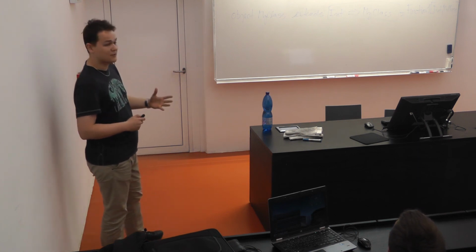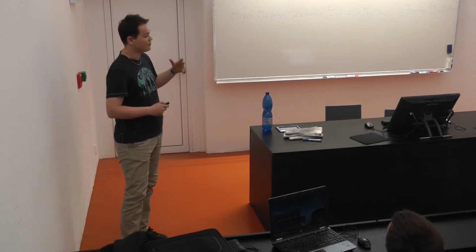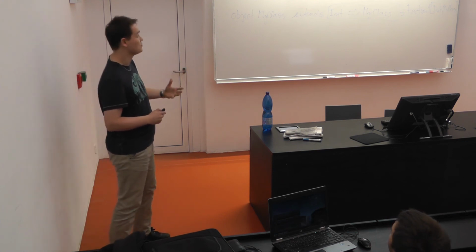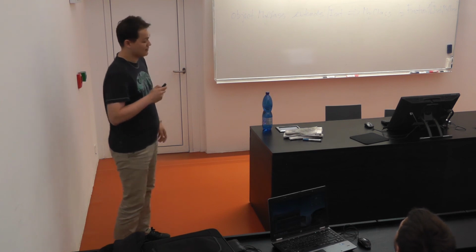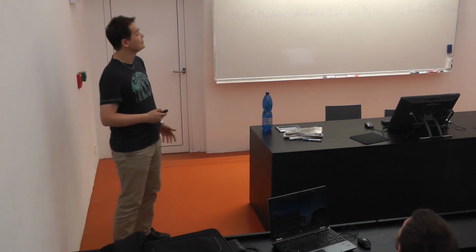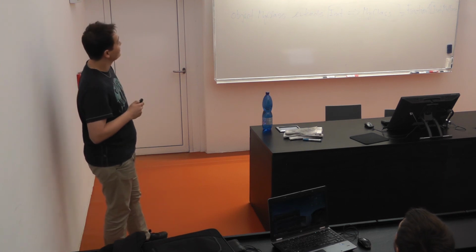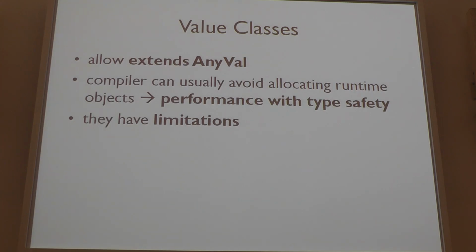But you lose performance because all your primitives at runtime have to be boxed inside objects. In Scala 2.10, value classes allow you to get rid of this. On the other hand, they have some limitations. Your value class must have only one constructor parameter, and it can only contain methods. It can't have any other fields or values or things like that.